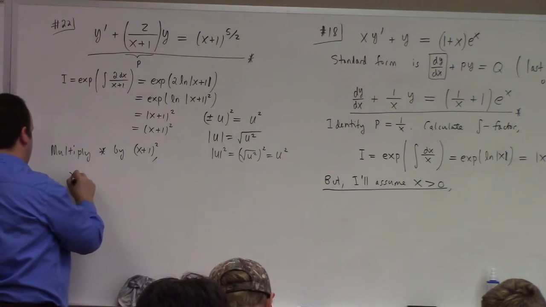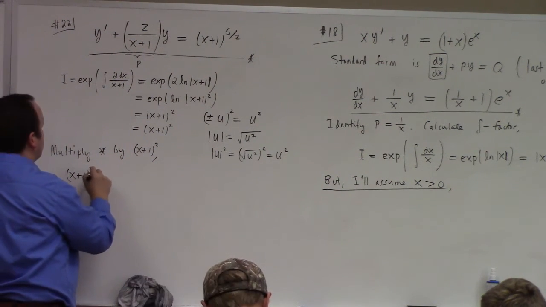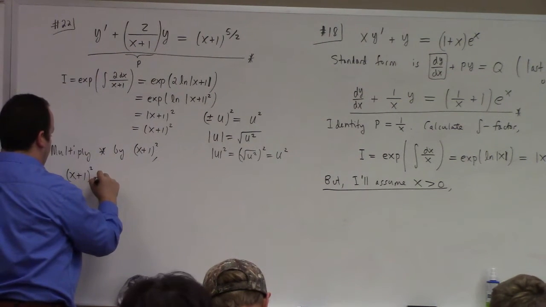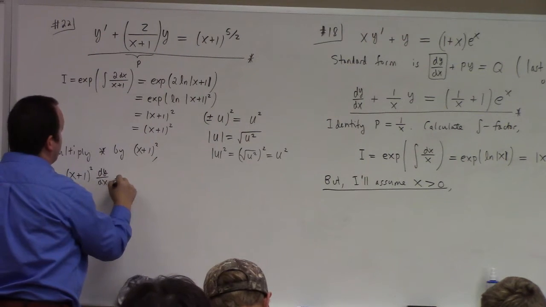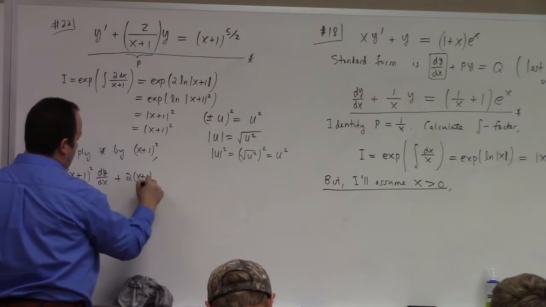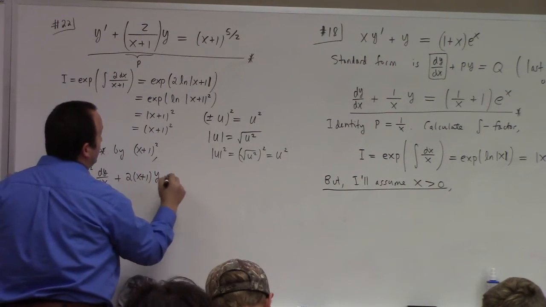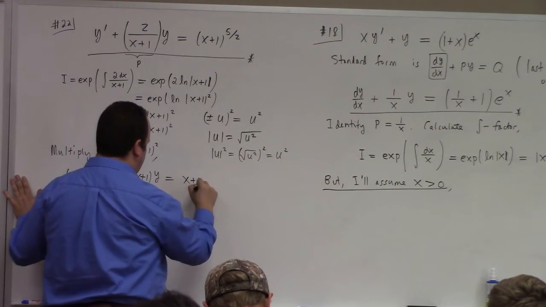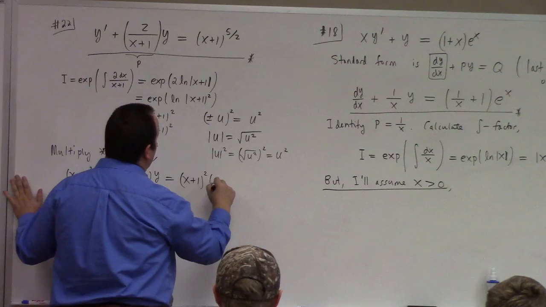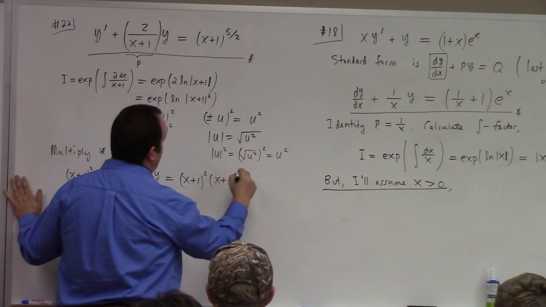And we get x plus 1 squared times dy dx plus 2 times x plus 1 y is equal to x plus 1 squared times x plus 1, oh, I guess it's not too bad.